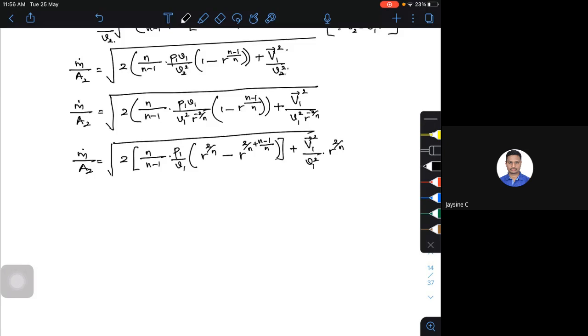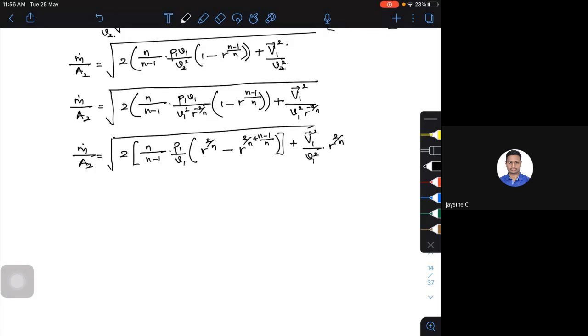Now for the simplification, this will be m dot by A2 is equal to square root of, if you want I can retain it as it is, or if you want I can go in terms of n plus 1 by n.